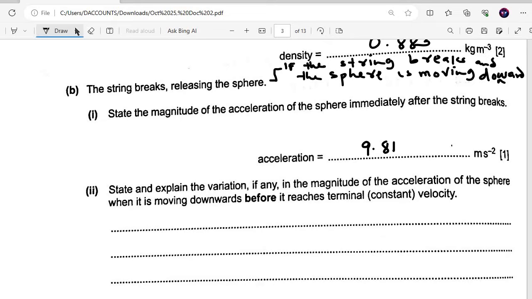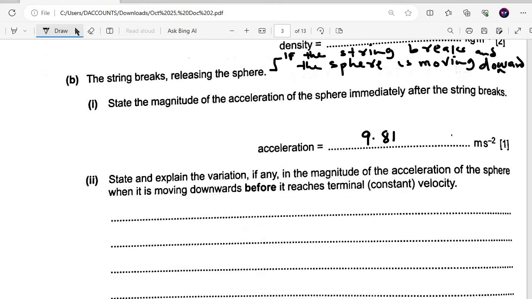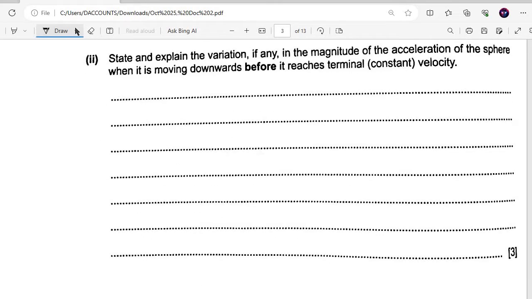The next question: state and explain the variation, if any, in the magnitude of acceleration of the sphere when it's moving downward before it reaches terminal velocity. I'll start from here.